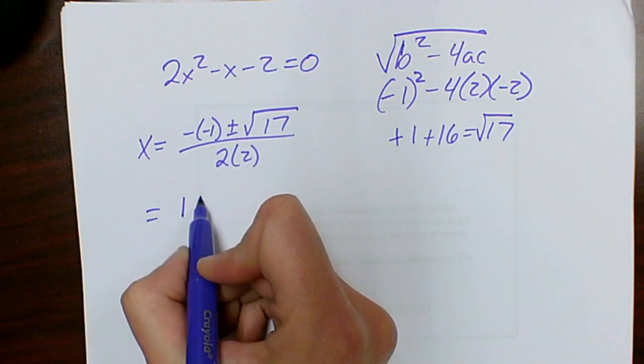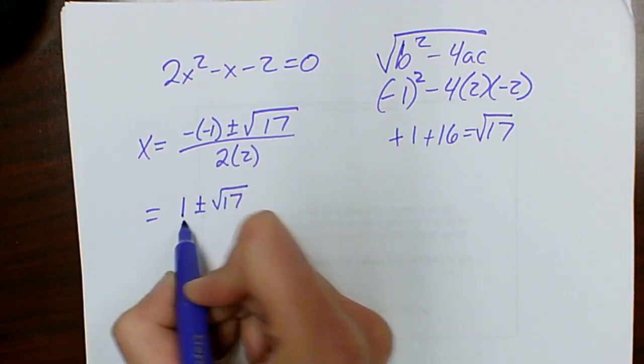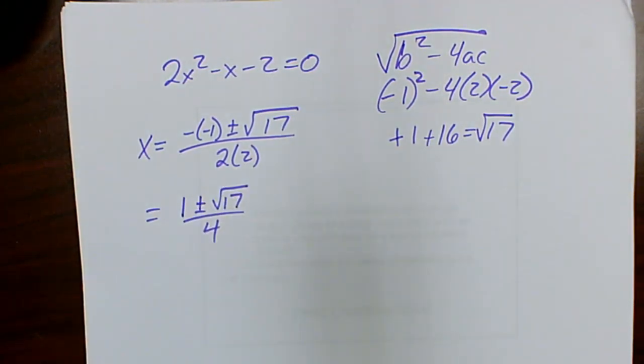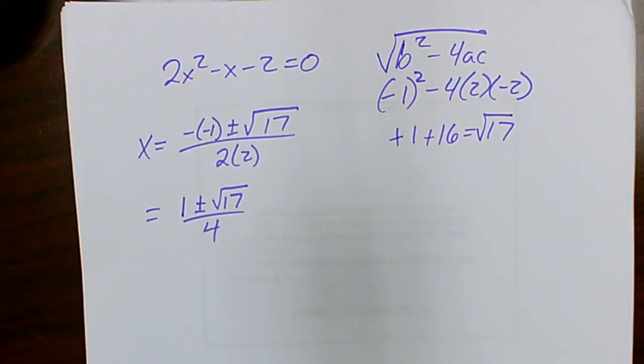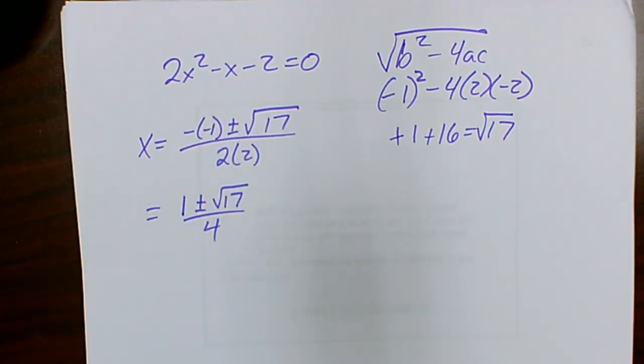So we have 1 plus or minus square root of 17 over 4, and you're done. This can be a big advantage, especially if something cannot factor or you're checking the factorability. You can just plug it right into your formula and be done.